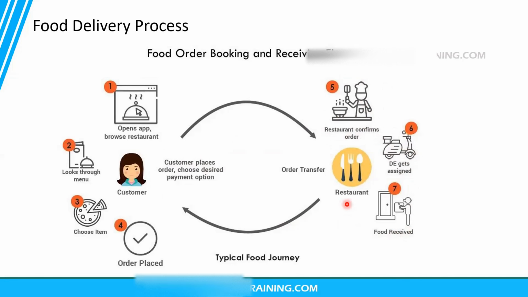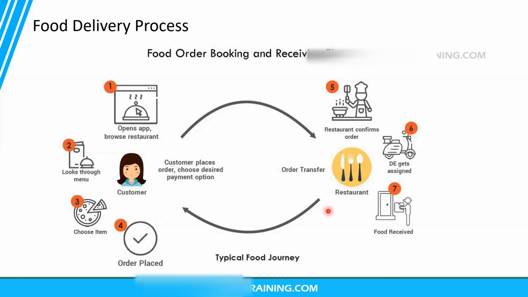So here, the customer doesn't know what the restaurant is doing inside their kitchen, how they are preparing, how many people are there, and how they are processing so fast. The customer doesn't bother about anything. He understands only layman language, English. He opens the app and places the order.